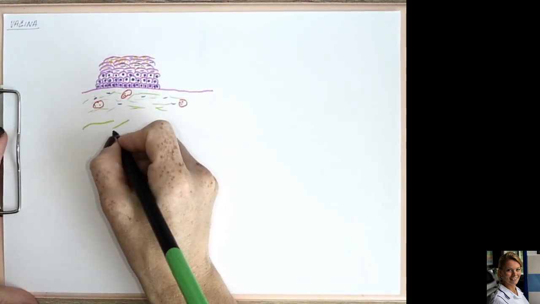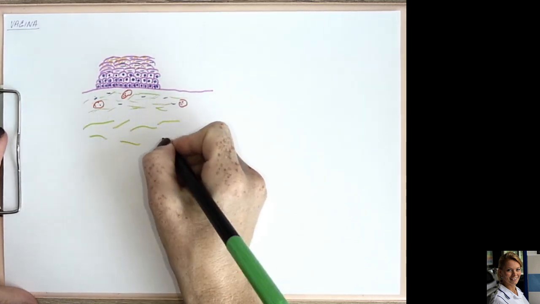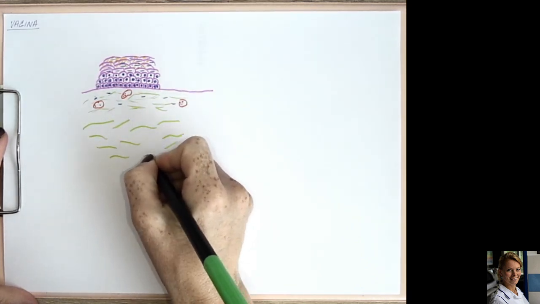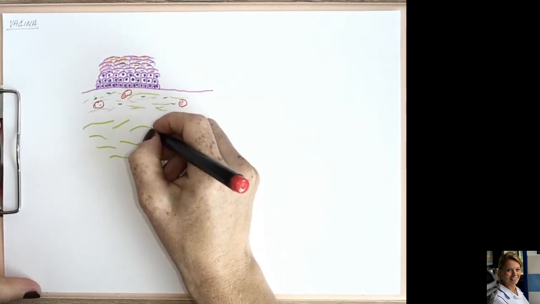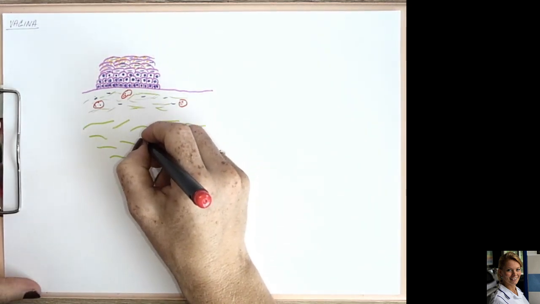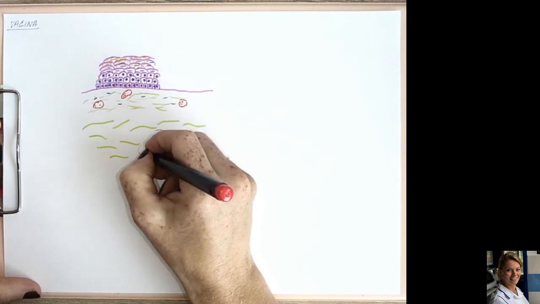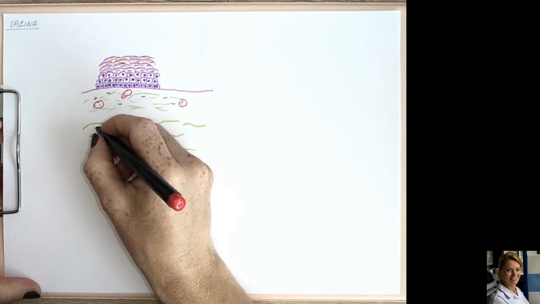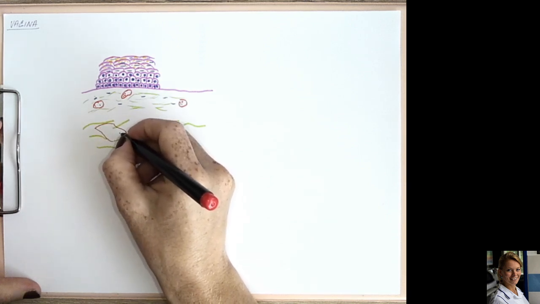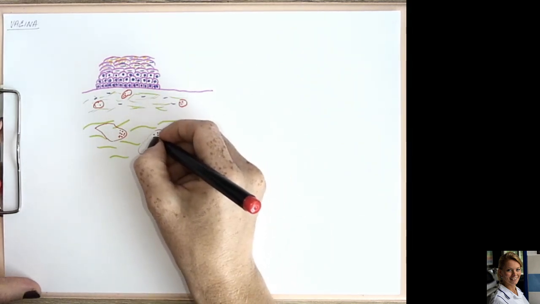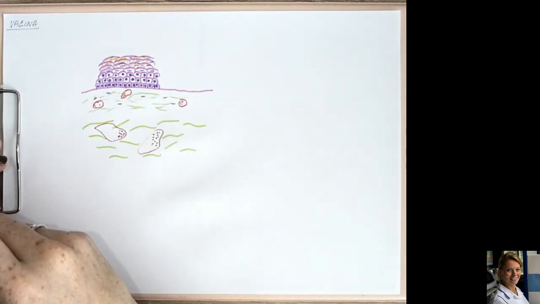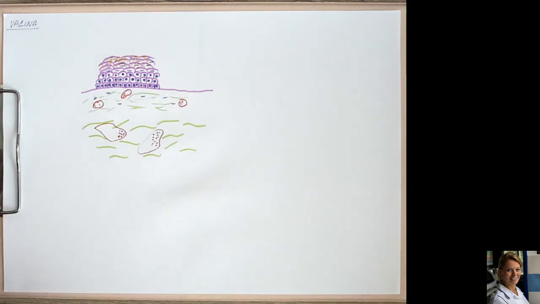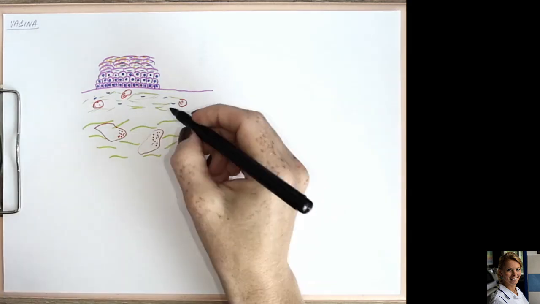So, denser collagenous connective tissue with thin-walled veins, with erythrocytes and some elastic fibers.